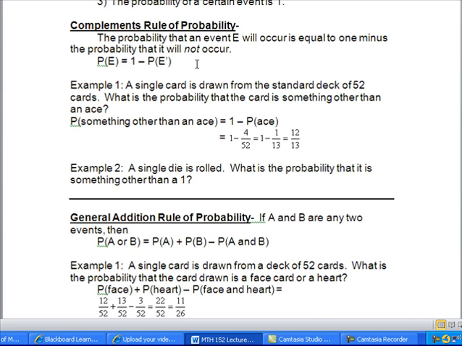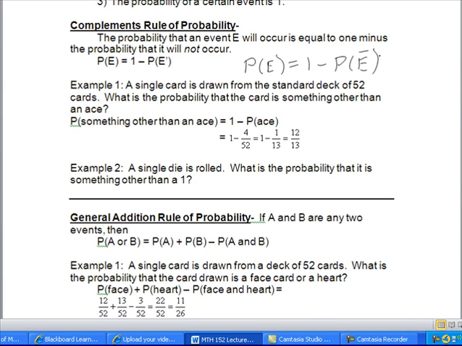Another way is to draw a bar over E. So you may see both of those notations. Both of those notations are used.